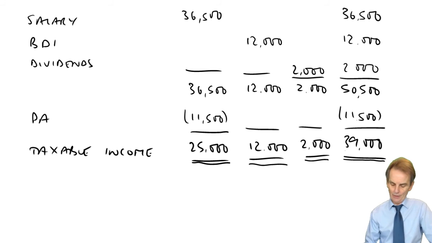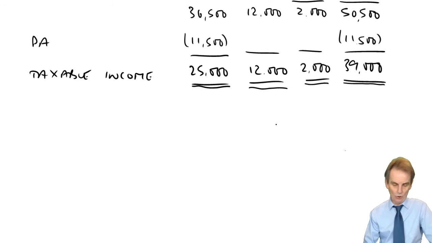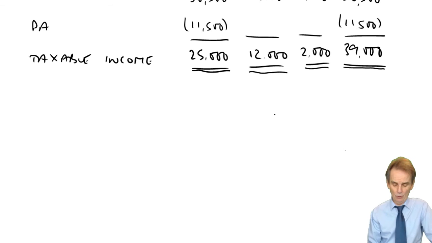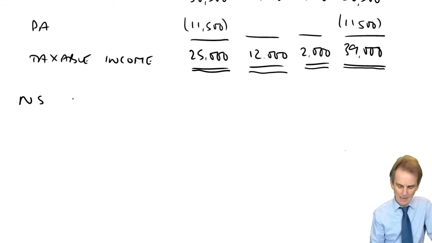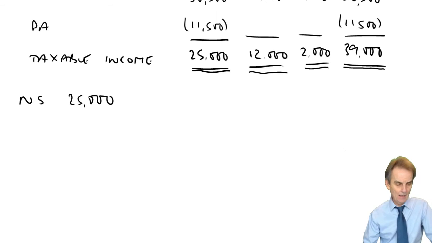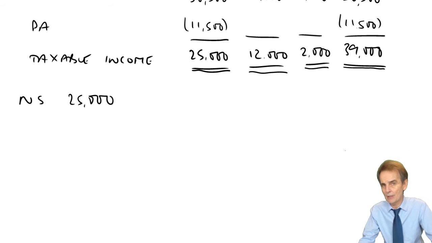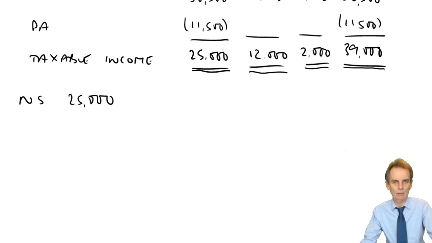Okay, so the calculation of the tax now ensues. You know the order. You should be able to tell me what we do first. What is the first bit of our taxable income to be taxed? It is, of course, non-savings. How much non-savings do we have? 25,000. I've written the full 25,000 straight in because 25,000 is less than 33,500.